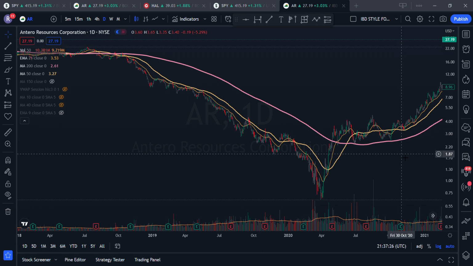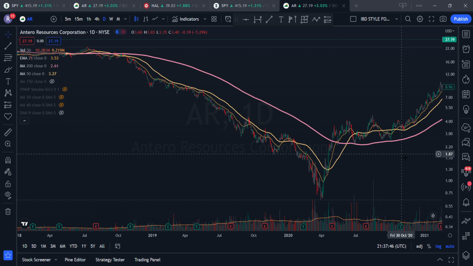As Mark Minervini has suggested, before he buys a stock, he ideally likes to see the stock already in an uptrend for 2 months, 3 months, ideally 5 months, and sometimes even for 1 year.